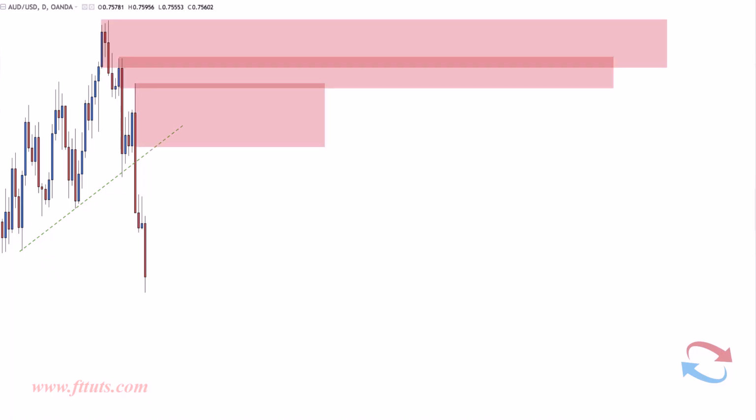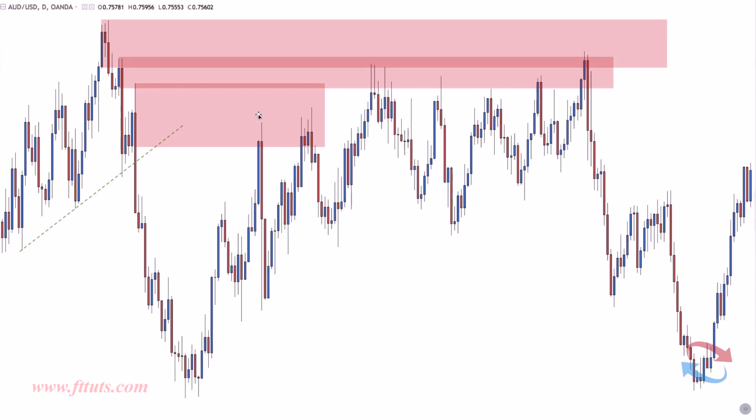And we're looking to really trade these areas if prices come back into these areas here. So you can see, as prices come back into this level here, we get a reaction, we get another reaction, and then as prices go higher, remember, the more times a supply zone is touched, the weaker it becomes.